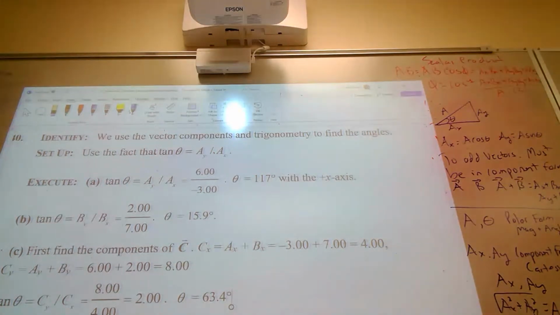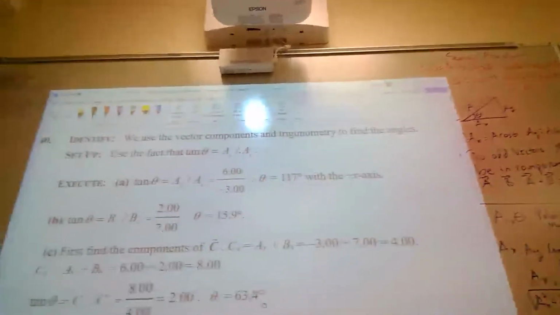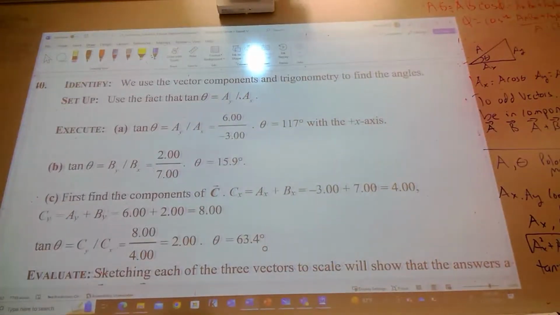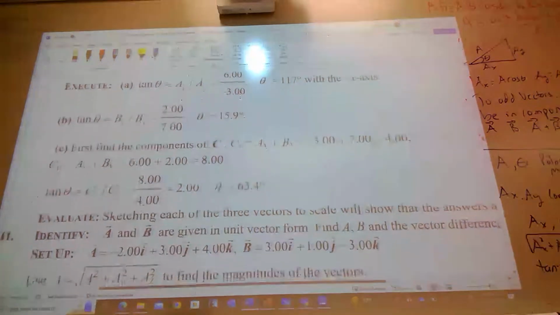Now you can tell if your x component is bigger than your y, it has to be less than 45 degrees. And then C, we first had to get our components, so we got 6 plus 2 for our y and negative 3 plus 7 for our x. So then we did arctan 8 over 4, and we got 63.4.